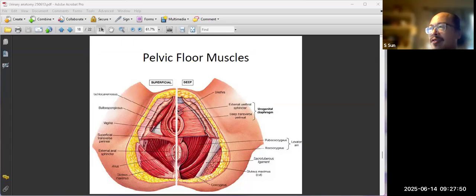But when you relax your external anal sphincter, you relax a lot more of the pelvic floor muscle. So when you poop, you allow the poop to come out, and sometimes you relax to a level that you will also pee out.